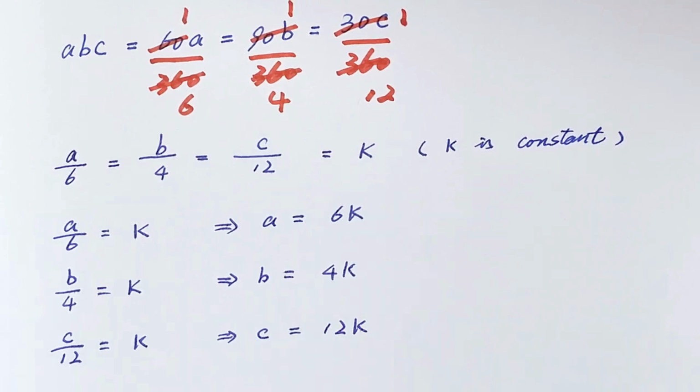Now we got the values for A, B, and C in terms of K, which is constant.